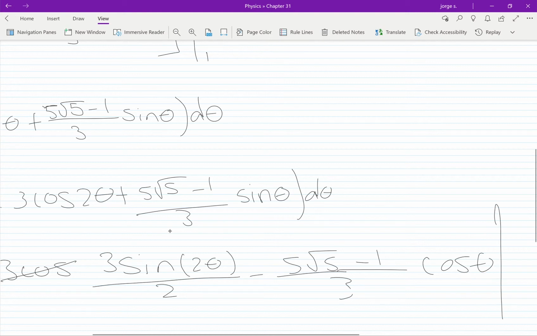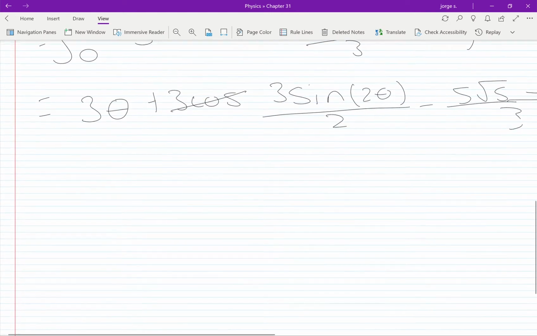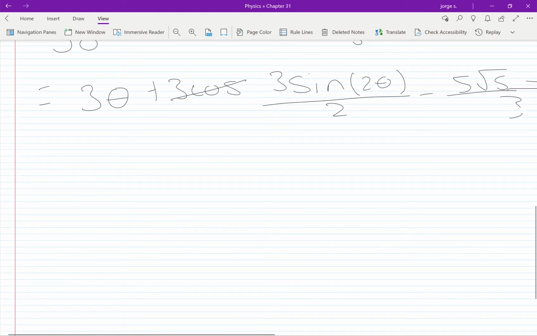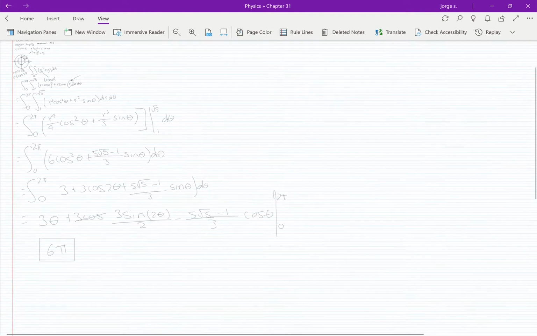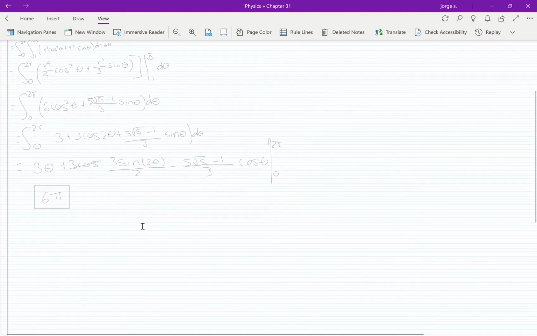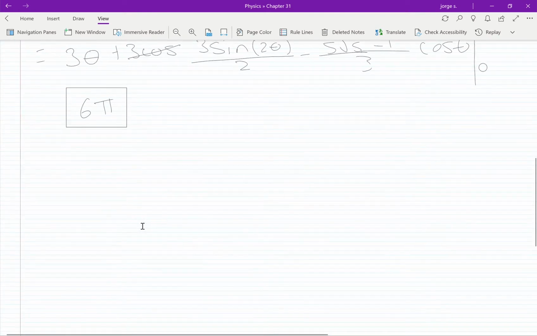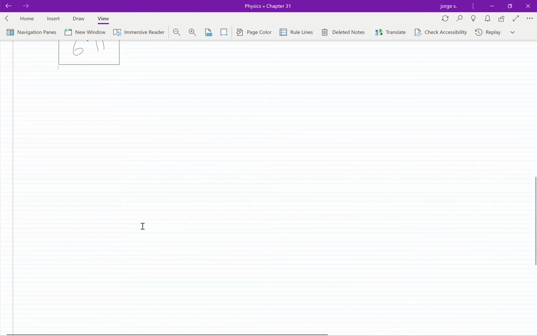Theta, and we integrate this whole thing from 0 to 2 pi. And our final answer after simplification is 6 pi. As you can see, it's a very long integral, but it's 3 times shorter than it would be if you didn't change to polar coordinates. Imagine trying to figure what it was in rectangular coordinates.